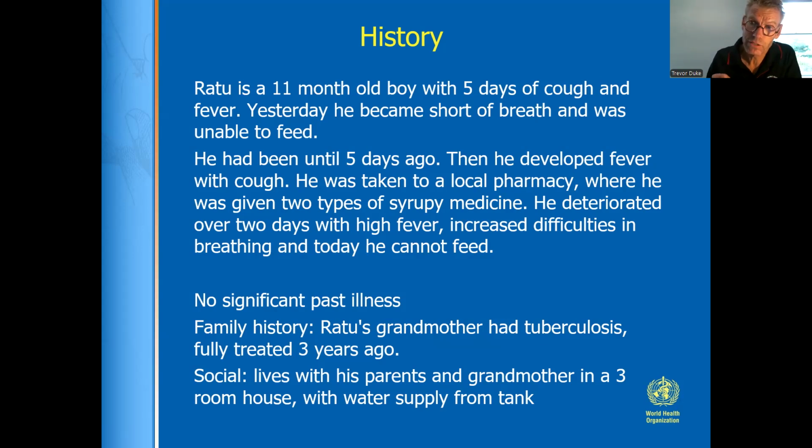He'd had no significant past illness that the parents knew about, but he did have a family history that his grandmother had tuberculosis, but she was fully treated long before Ratu was born 3 years ago. Ratu lives with his parents and his grandmother in a 3-room house, and they have their own water supply from a tank.